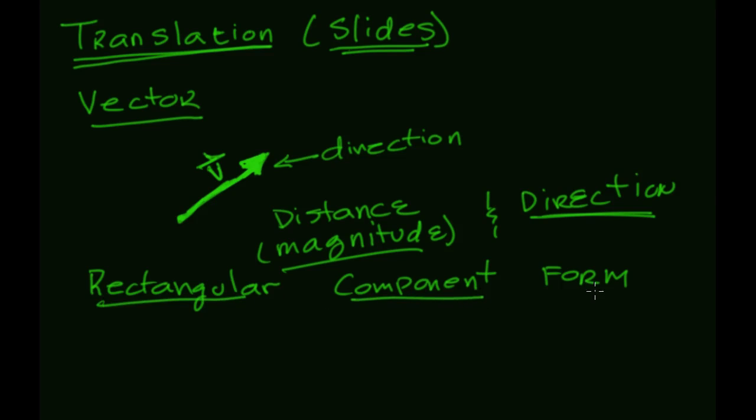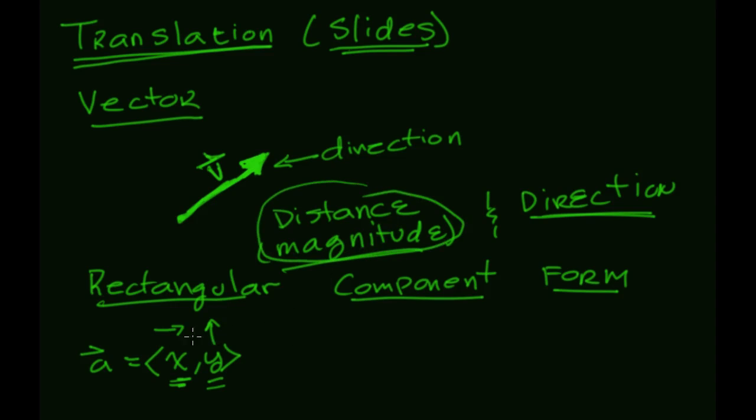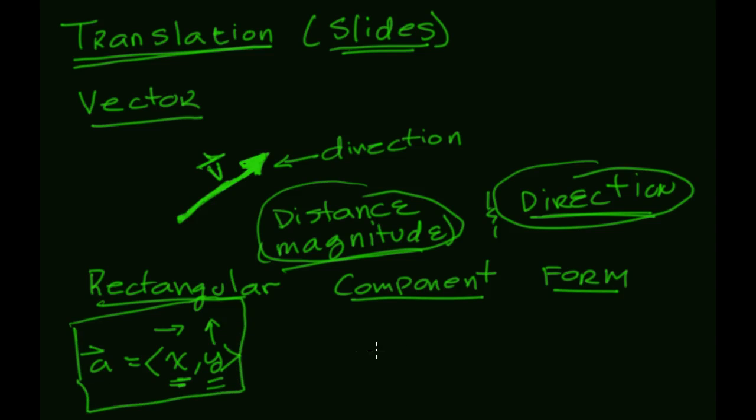In this form, let's say I have a vector A written as two components, an x component and a y component. x represents how far we are going to the right, y represents how far we are going up. So the distance to the right and up gives me a direction. So this is definitely a way to represent a vector.